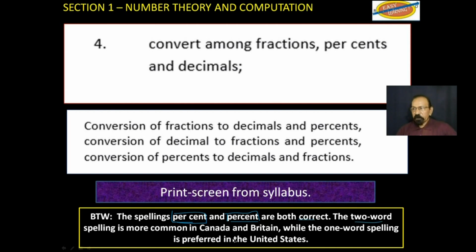The 2-word version is more common in Canada and Britain and maybe the Caribbean, while the 1-word spelling is preferred in the United States. If you look up here, you will notice that CXC uses 2 words here, and then in explaining it, they use 1 word here. So either one is acceptable for us.